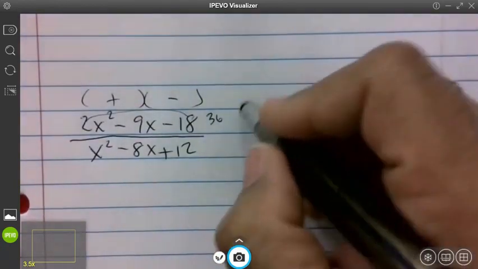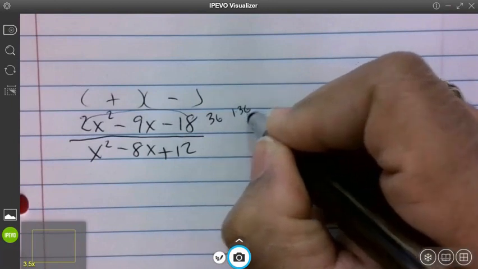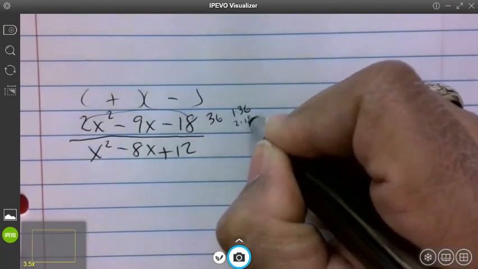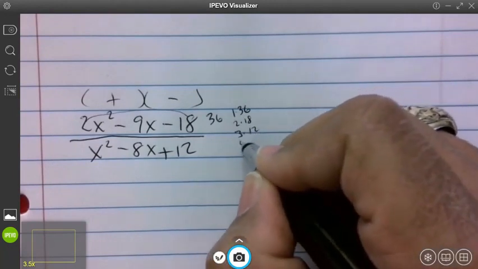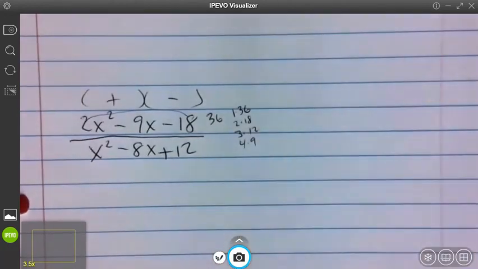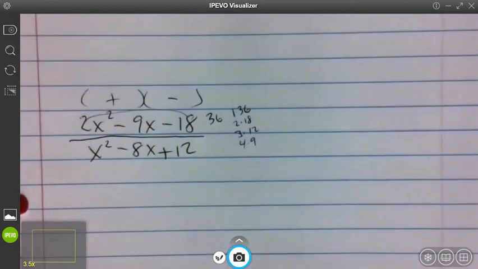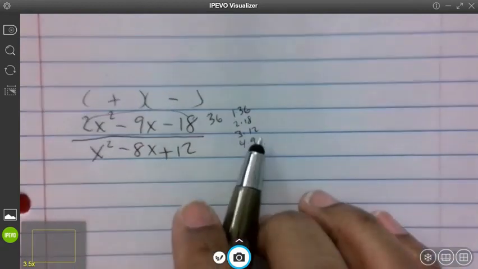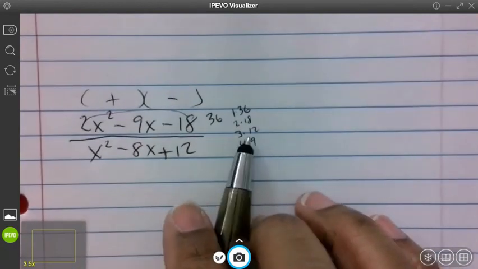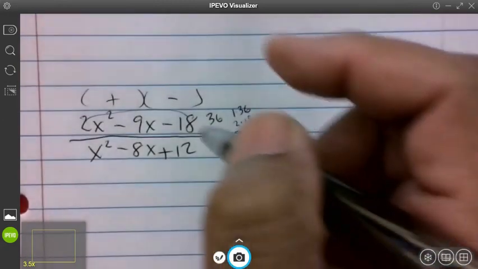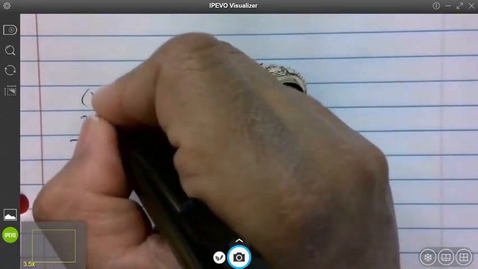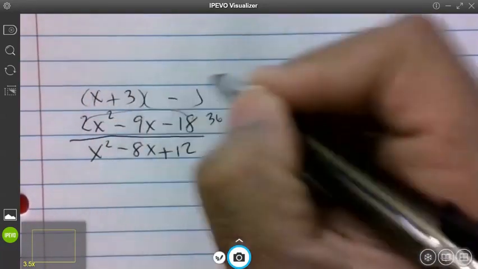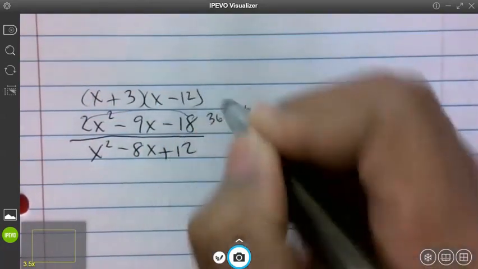So I need all my factors of 36. 1 times 36, 2 times 18, 3 times 12, 4 times 9. Okay, and we have to subtract to get to 9, so it'll be 3 and 12, 3 minus 12 because I want a negative. So it's going to be x plus 3, x minus 12.